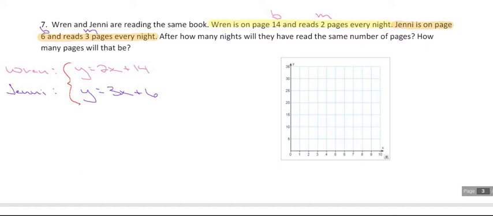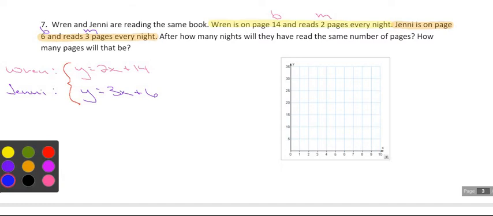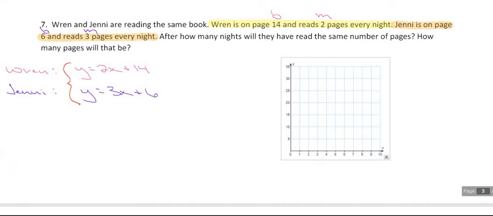So we're going to start off first by labeling our coordinate plane over here on the right-hand side. So x, what is x? Well, what is m? What is our slope multiplying by? Well, it's 2 pages per night. So x is number of nights. So let's write our little let statement.